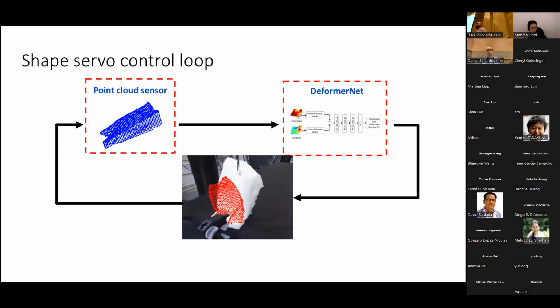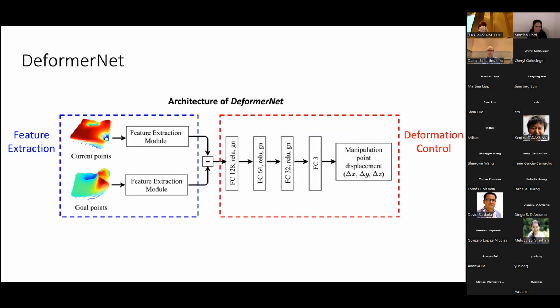So we take our point cloud from a sensor, we run it through this model that we call the DeformerNet, and that gives us an incremental action for our robot to take, moves us a little bit closer in this latent space toward our goal shape that we want, and we repeat this process. And so here's what the full model looks like. We have our feature extraction that we just talked about a little bit, that we get our current state from, as well as our goal state.